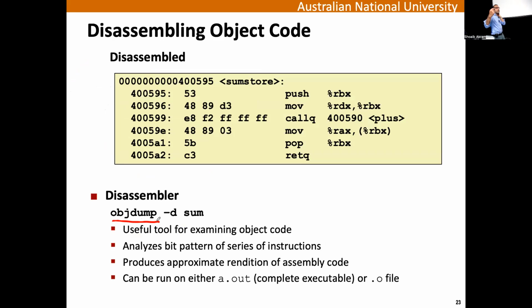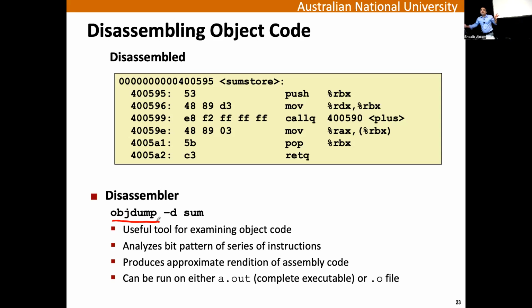You can disassemble object code and executables with this tool. So what it's doing here, it's taking the executable sum, and we are specifying the flag -d, and it's giving us the assembly. So from executable to assembly, we can do that with the disassembler, and the tool on Linux is object dump or obj dump.